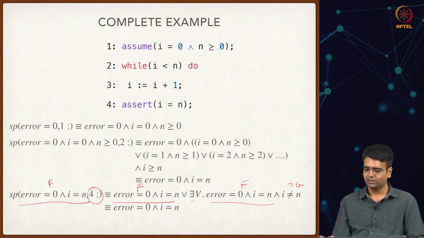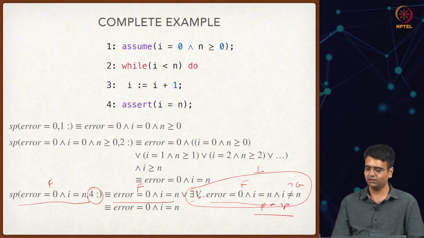So here, this particular formula, there exists v, error is equal to 0 and i is equal to n and i is not equal to n. v is just error, F and v, i and n, right. This particular formula is false, because you are saying i is equal to n and i is also not equal to n, which is essentially saying P and not P. So this particular formula is false and therefore false or F just gives you F, which is error is equal to 0 and i is equal to n.